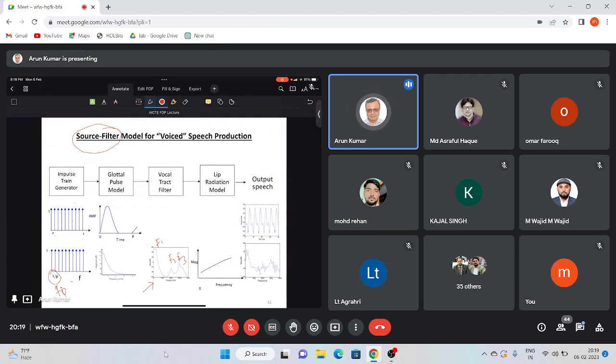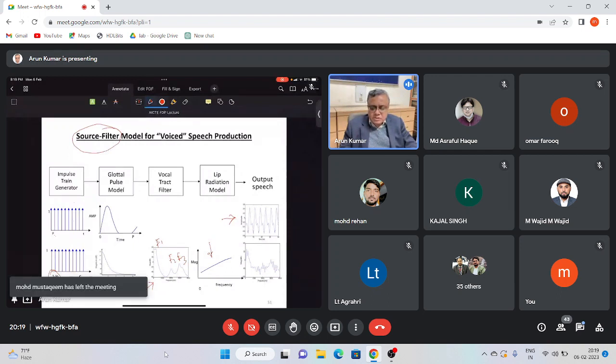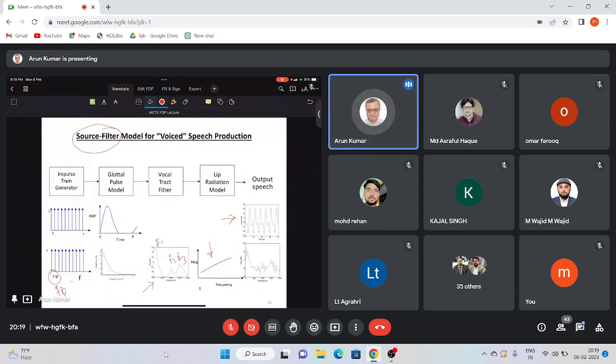The output of this signal notionally gets into a lip radiation filter, which is a high-pass filter, and the output of this is the pressure signal, which propagates, can be heard, or be recorded by a microphone. So this is the basic model of voiced speech production, also known as the universal speech production model, when we include the model for the unvoiced part also.